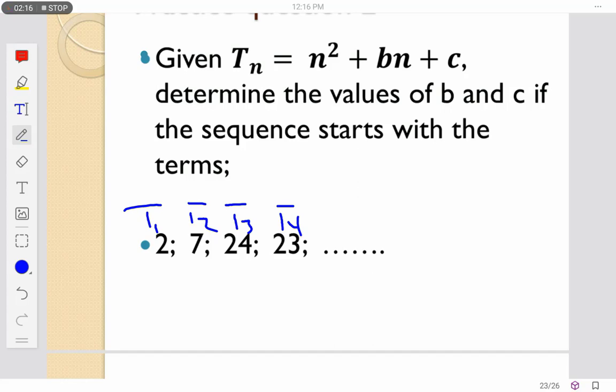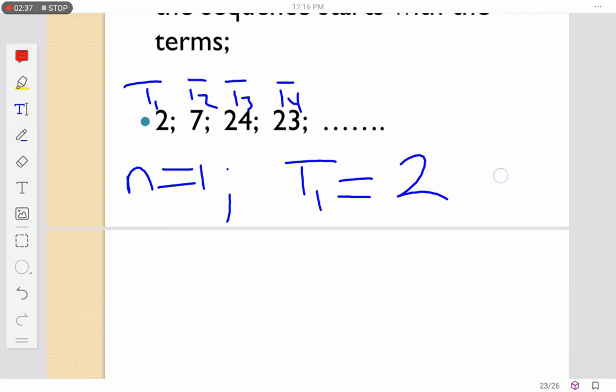When we have such an equation, we can start with the first term. Let's have our n as 1. N is equal to 1, and when n is equal to 1, it means our T1 is equal to 2. Okay, we have that information. Let's go on.